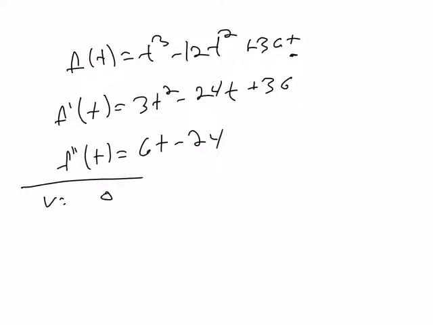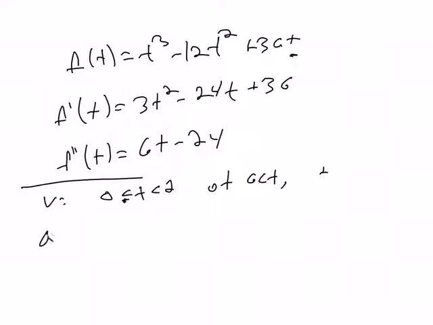So for the velocity, we have that for t greater than 0 and less than 2, or t greater than 6, the velocity is positive.